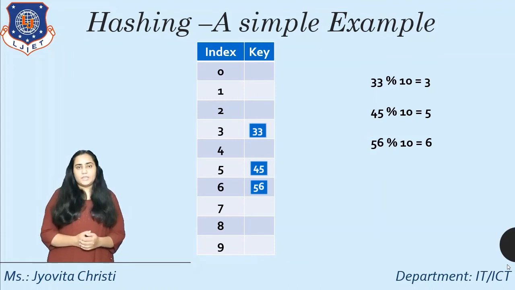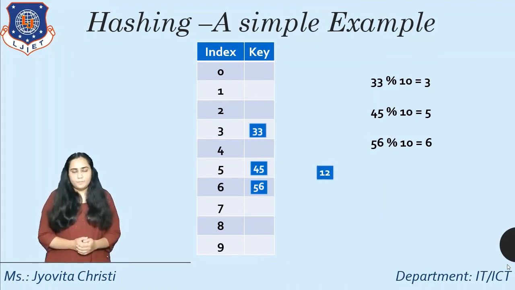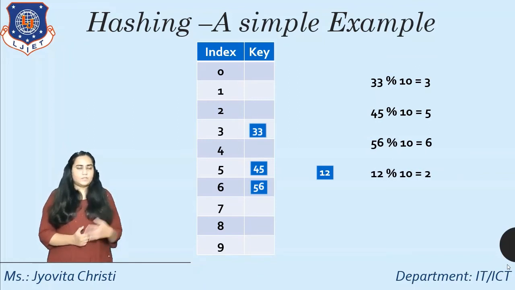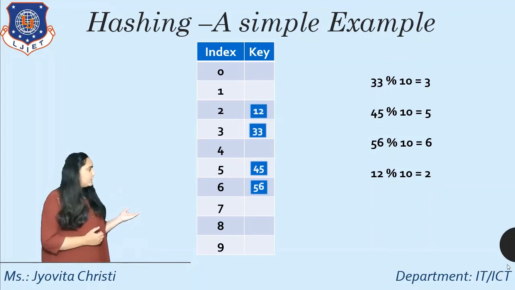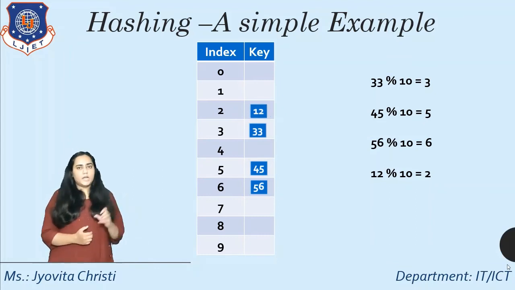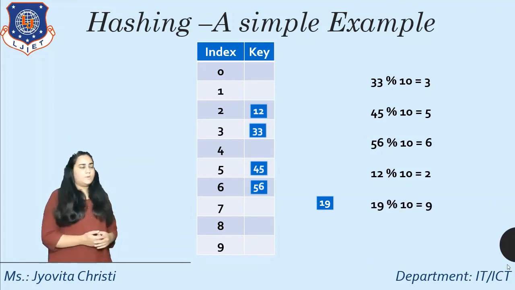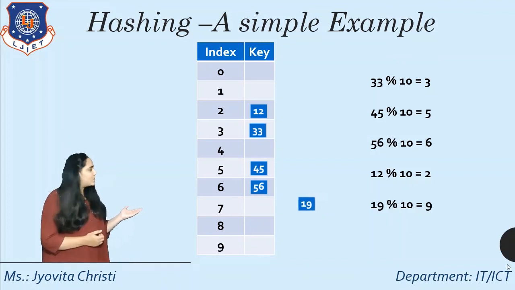The next key I'm going to insert is 12. So 12 modulo 10 gives me 2. So let's go ahead and put 12 in position 2. And lastly, I have 19. This is the last key I'm inserting. So 19 modulo 10 gives me 9. So I'm going to put 19 in position 9 right here.